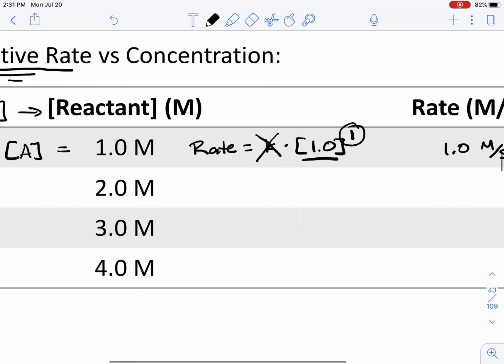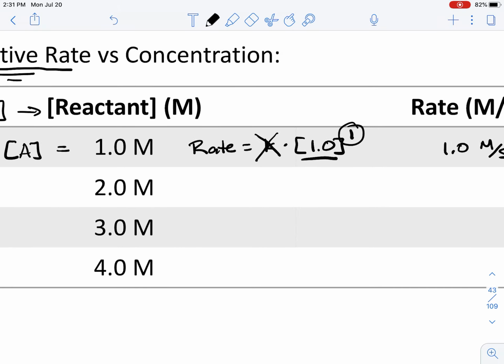And so what would happen to the relative rate of reaction if the concentration of A doubles, or goes from 1.0 to 2.0? Well, we can plug 2.0 into the general rate law. And once again, we're going to exclude k so that we can express this in terms of relative rates.